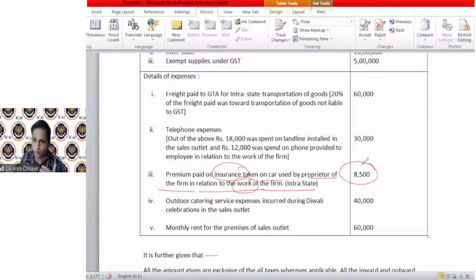Sriram, I would like to discuss with you because you are saying that there is no RCM liability on every exempt supply. See, dear friend, I would like to add only one point in the GST.